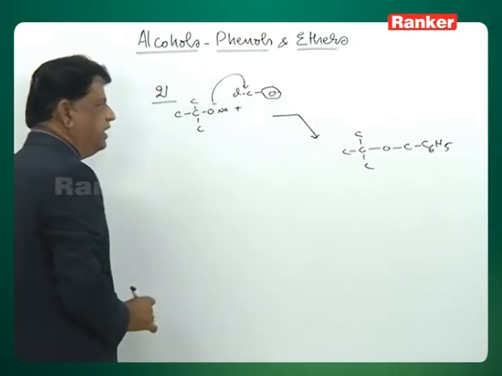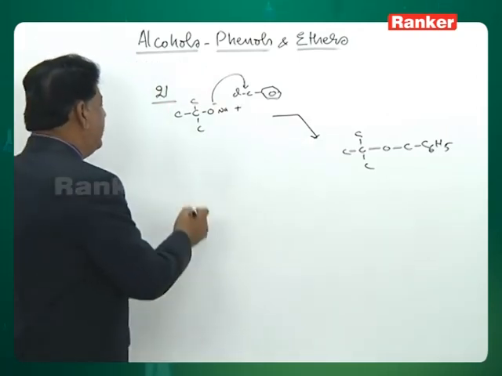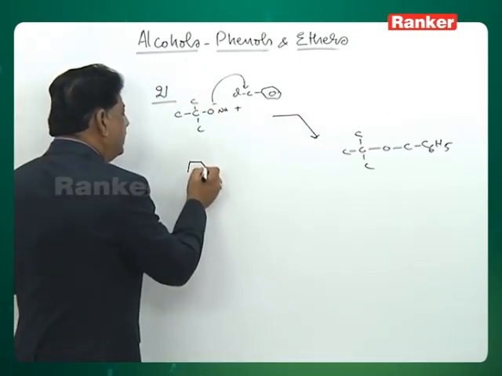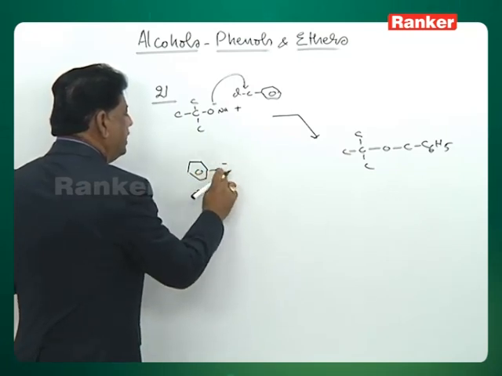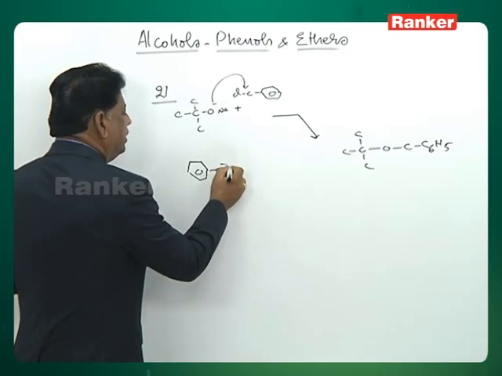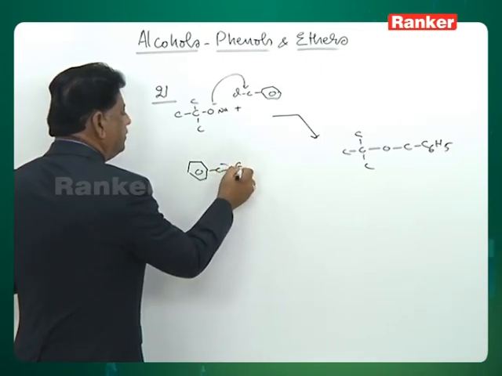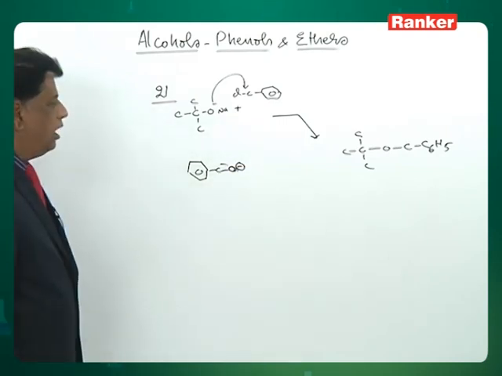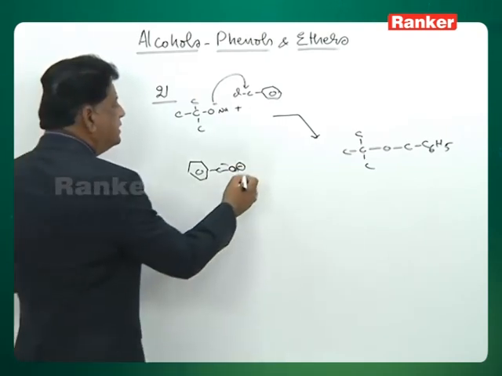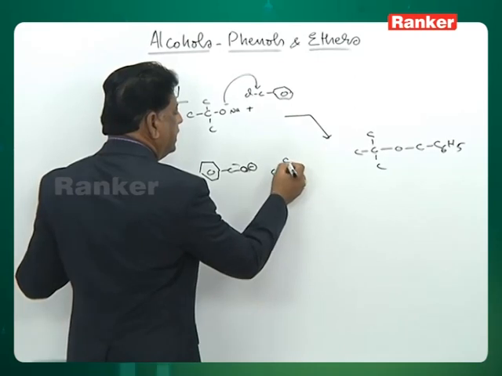This is one way of the reaction. The other way is you take benzyl alcohol as a compound, CH2O minus, the benzyl alcohol salt, and the tertiary compound as an alkyl halide.